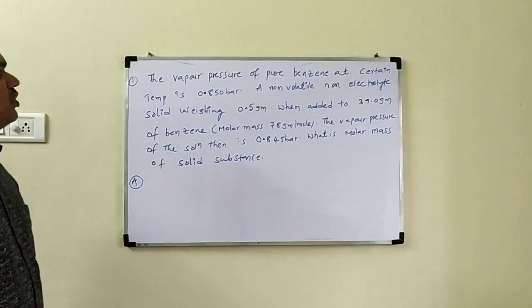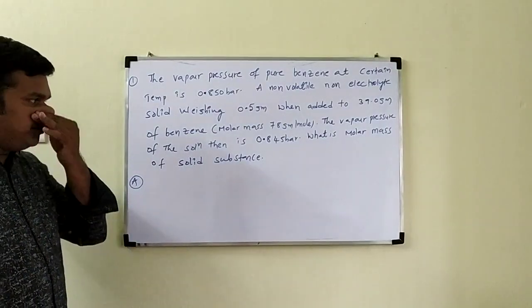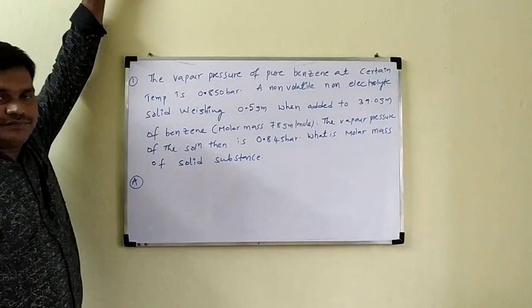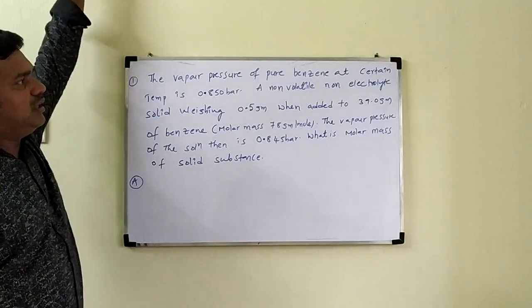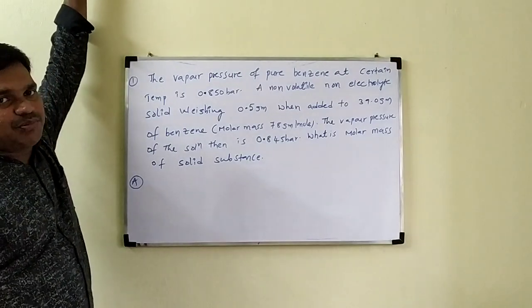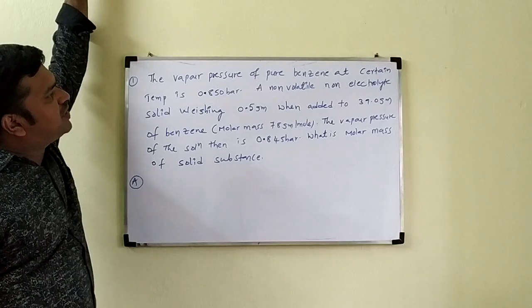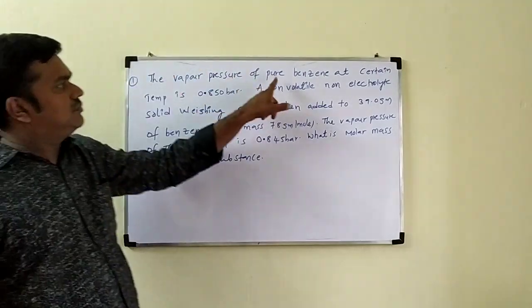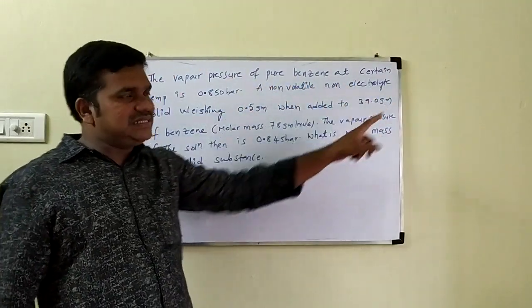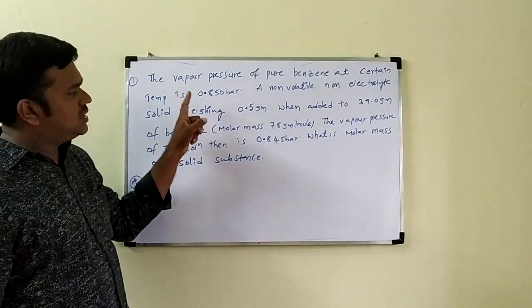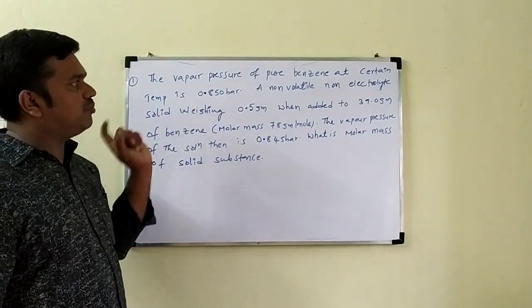Now let us see one problem on relative lowering in vapor pressure. The problem is already on the board. Let us see the problem here. The vapor pressure of the pure benzene at a certain temperature is 0.850 bar.